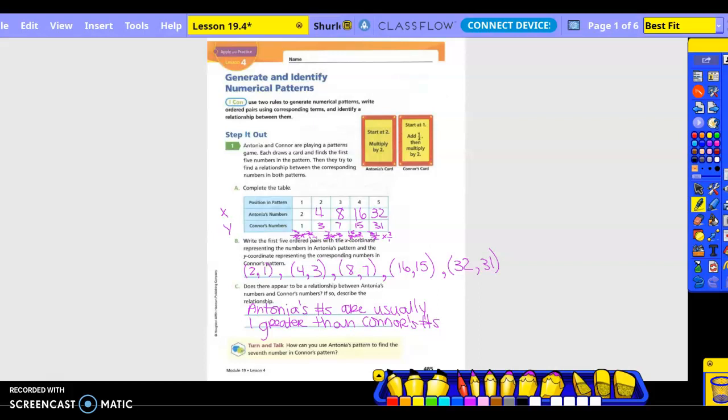And that is what we call a rule. Okay, their card rules, so we did the same repeating thing over and over to get their next number. Okay, but then also you can have a rule going across from each person.